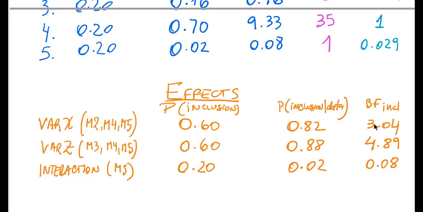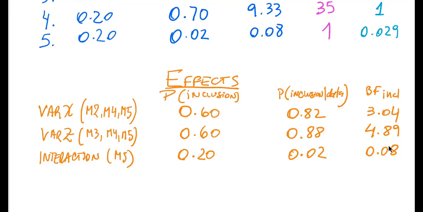And with the interaction, we do 0.2 divided by 0.8, and that's 0.25. And then we do 0.02 divided by 0.98, and that value divided by 0.25, and the value we obtain is 0.08 as a Bayes factor.